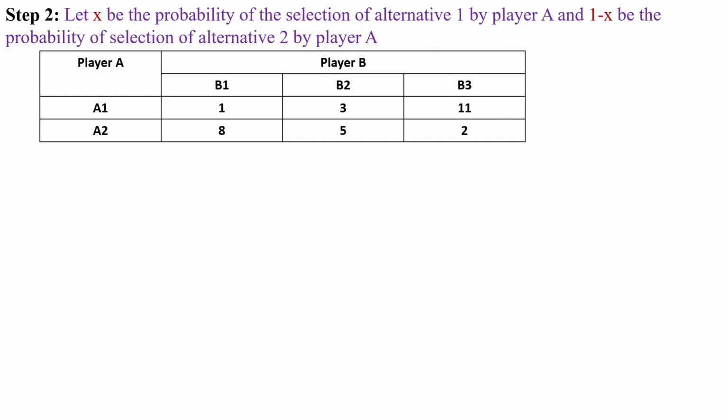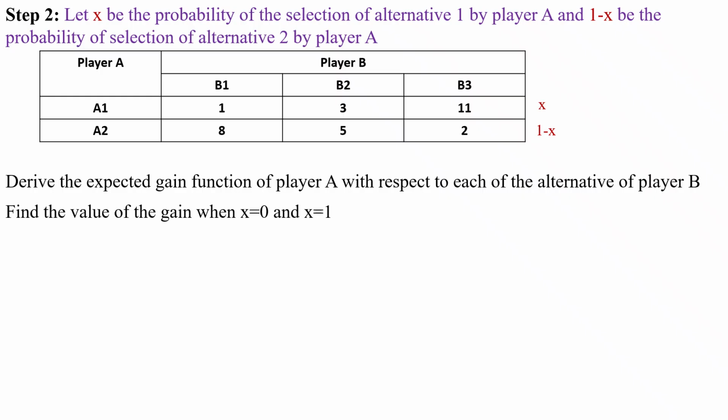Let us consider x as the probability of selection of the first alternative, and 1 minus x as the probability of selection of the second alternative. So x is the probability of selection of alternative A1 of player A, and 1 minus x is the probability of selection of the second alternative, strategy A2.